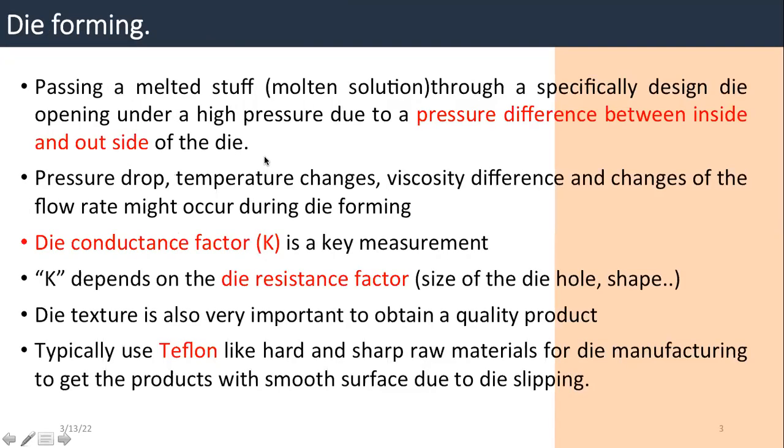Then we are moving to the other part, die forming, the last part. It means the last part of the extruder. So die forming means passing a melted stuff through a specifically designed die opening under high pressure due to pressure difference between inside and outside.